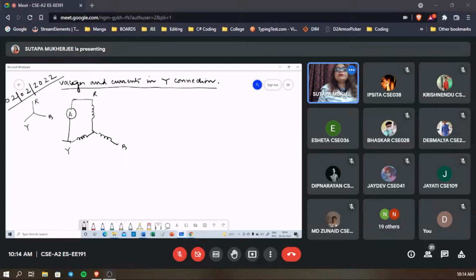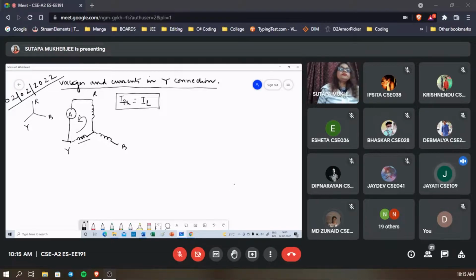Ishita, what I have told is that if you consider this loop, then the current will flow. This will be equal in phase and in line. Hence, in this star connection, we can tell that I phase is equal to I line. Now it is clear why line current and phase current are both equal in case of star connection. Is it clear?